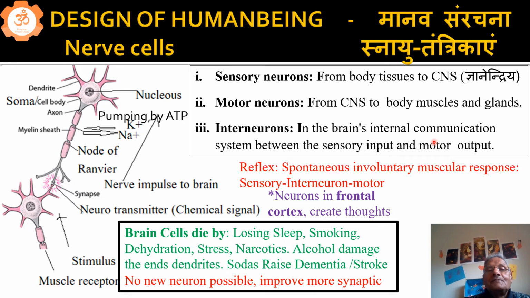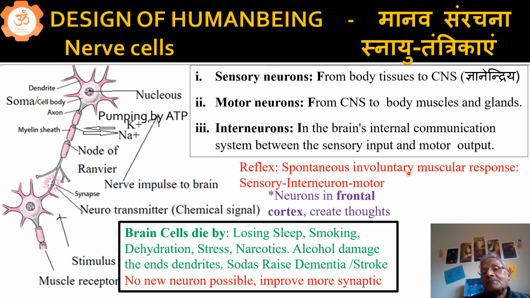So in this way, these neurons are very important. Sometimes you see the reflex action. While driving a cycle or motorcycle, you see that things come automatically. This reflex action is a spontaneous, involuntary muscular response. How does it come about? Through sensory, interneuron, and motor neurons.